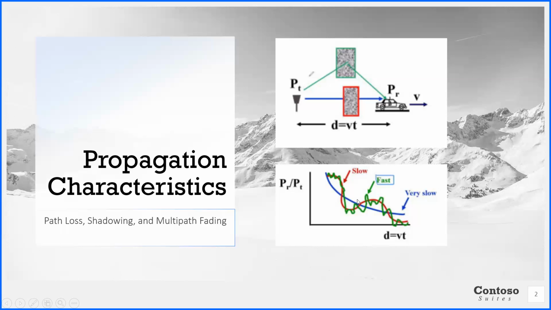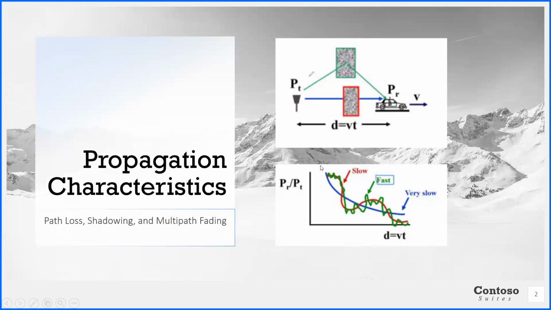So for path loss, there's no real obstacle that will affect the signal. But as for shadowing, which is the red line here, and the multipath fading, which is the green line, these obstructions affect how the signal is received.